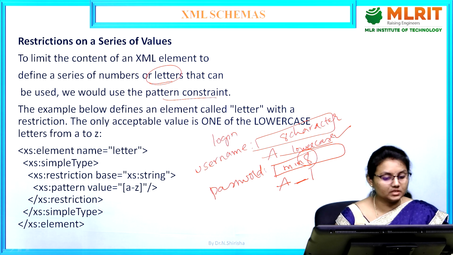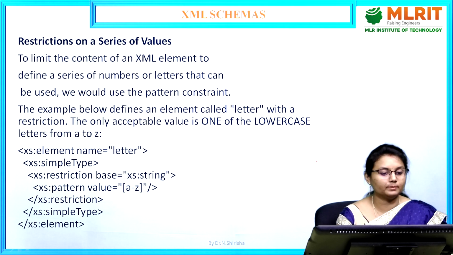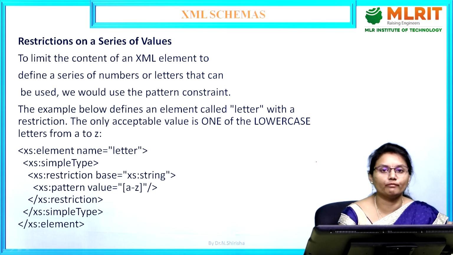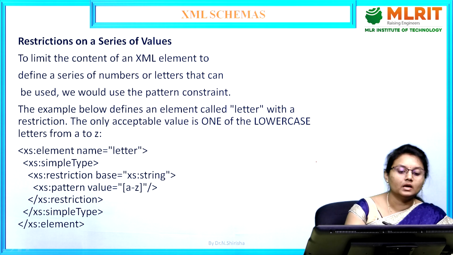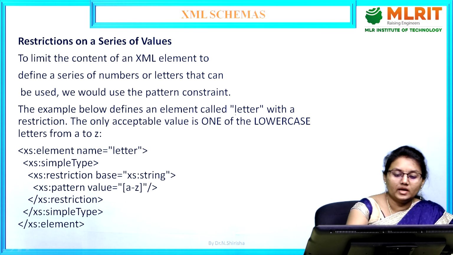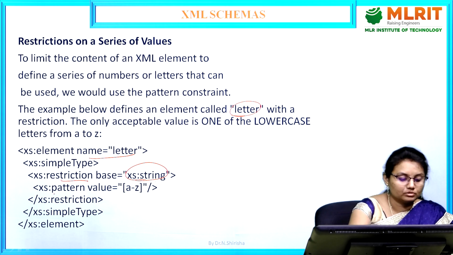Okay. So here is an example that we are talking about, restriction on a series of values. Series of values means here we are defining an element called letter with a restriction. What is the name of the element? Letter. I am giving a restriction and I am passing the data type string for that. What type of restriction am I giving? I am giving a pattern restriction, xs:pattern.